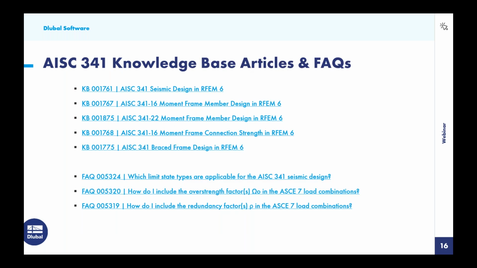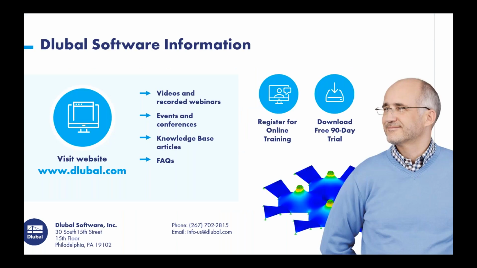We do have quite a few knowledge-based articles and FAQs for these new 341 checks. So if you're interested to view some of the different calculations that are carried out in more detail, as well as maybe just some commonly asked questions about the workflow, these are all hyperlinks in that PDF. So you can feel free to visit the website with those hyperlinks.